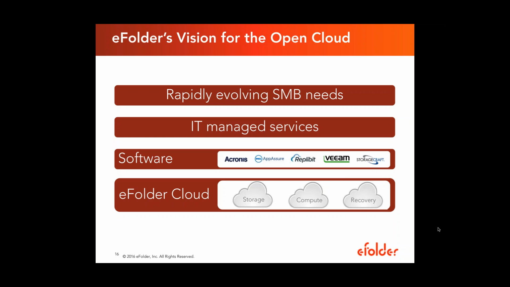We logically divide our cloud into three clouds: storage, compute, and the continuity cloud. We believe we have a really cohesive vision around BDR that pretty much no other vendor in the channel can match. And we strive to enable partner success and client happiness.